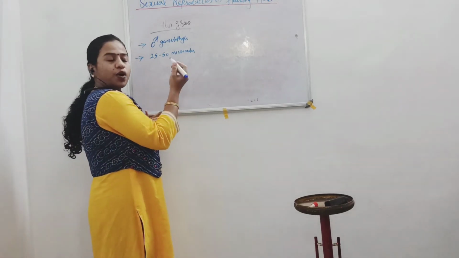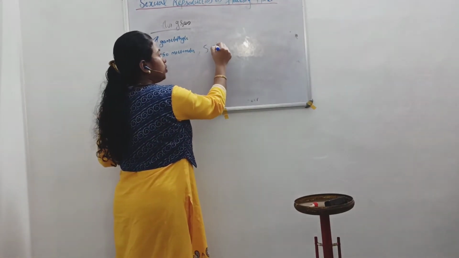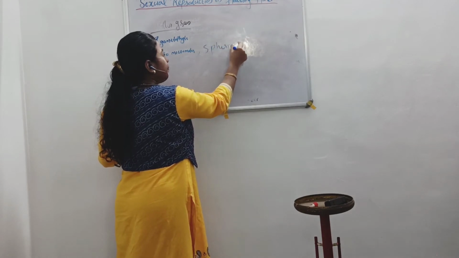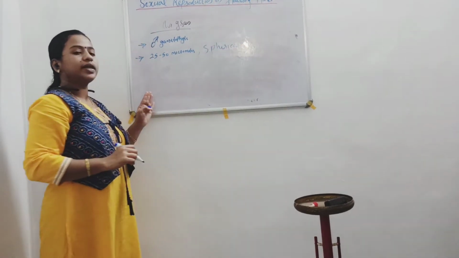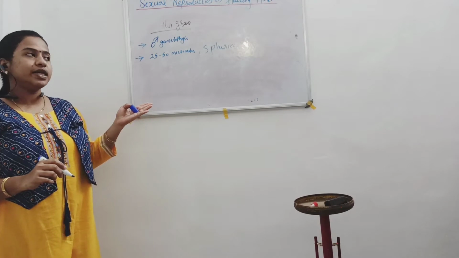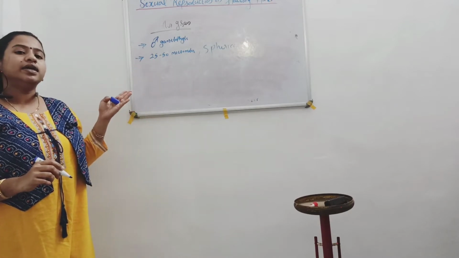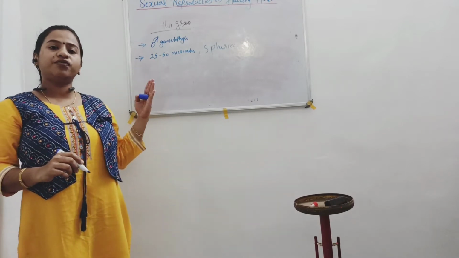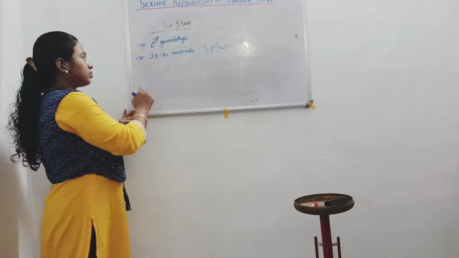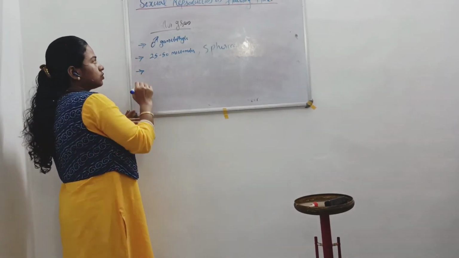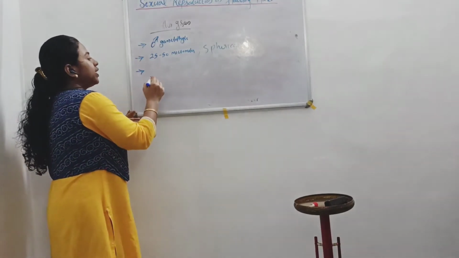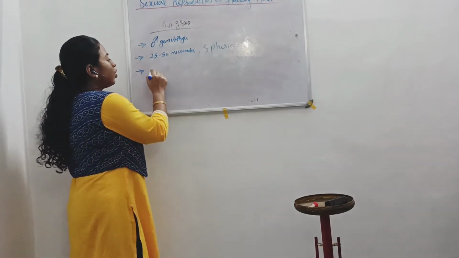What is the shape of the pollen grain? In most cases it is spherical. So the pollen grain, which represents the male gametophyte, is spherical in shape and measures about 25 to 50 micrometers in diameter. In most cases, the pollen grain has two wall layers.